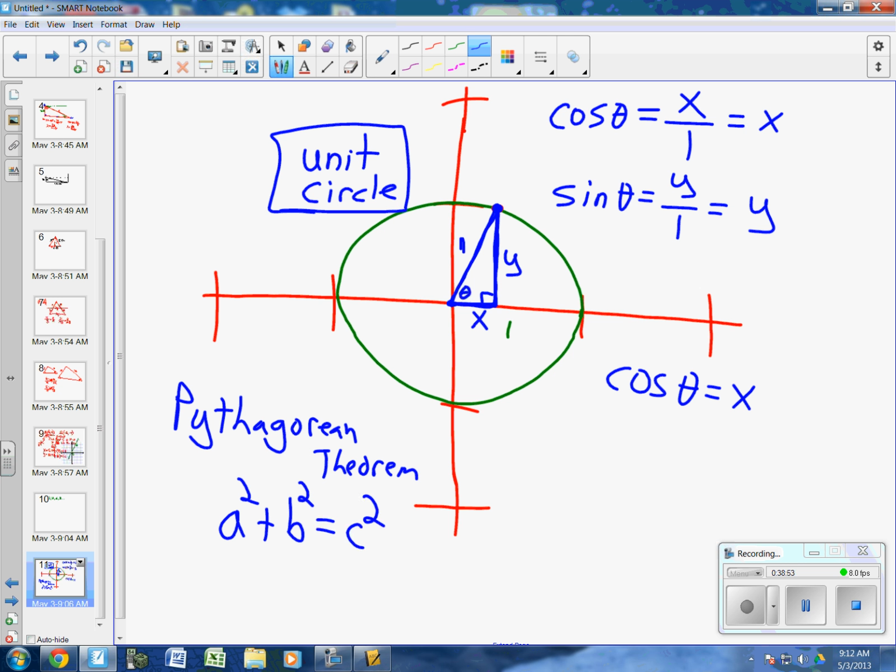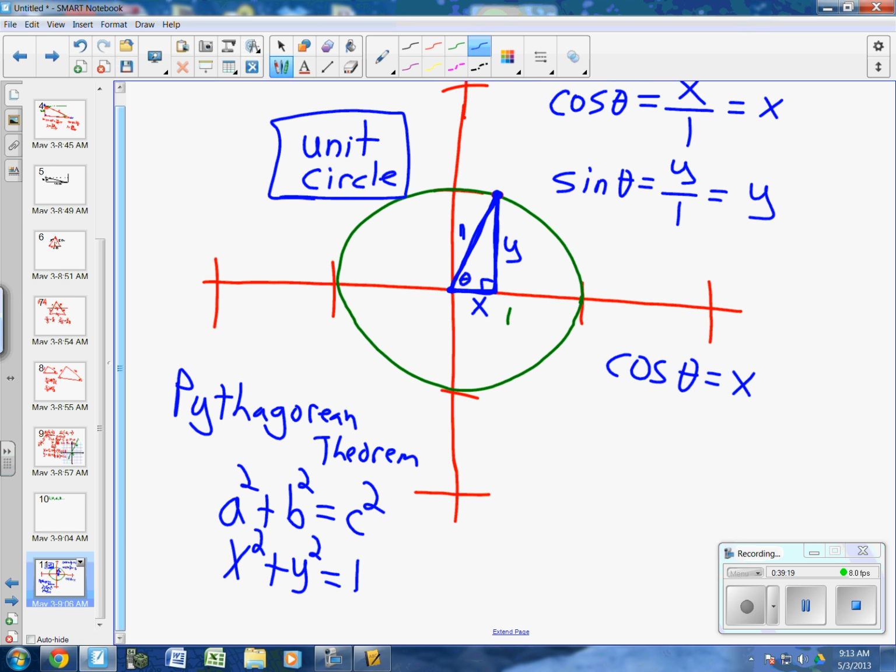Now, we're going to make some substitutions on here. Right here, we can substitute for a, we can substitute what? X. So we're going to write x squared. What can we substitute for b? Y squared. And what can we substitute for c? 1. And 1 squared is 1 right there, right?